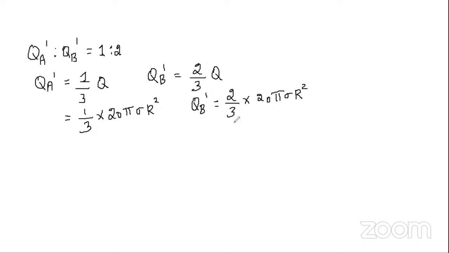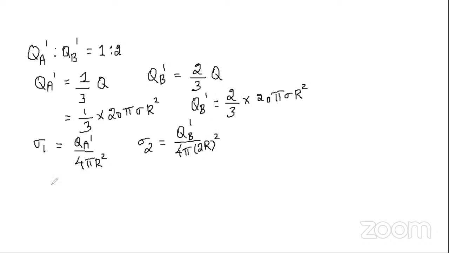Now we have to find out the new surface charge density on both these spheres. That will be taken as sigma 1 and sigma 2. For finding sigma 1, you have to consider QA prime divided by 4 pi into r square, and sigma 2 will be QB prime divided by 4 pi into 2r the whole square. The radius won't change.